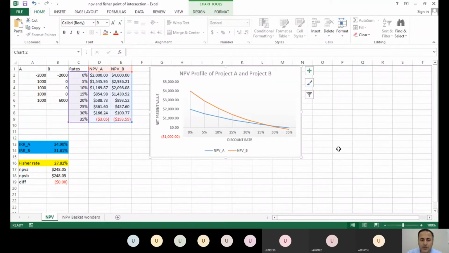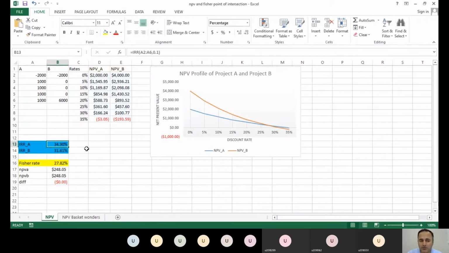Okay, so can you see my Microsoft Excel? Yes, sir. Okay, perfect. So question number 2 was, number 1, you have to calculate IRR. Super simple. The formula is equal IRR, and then you give the range of the cash flows, and then a guess number.